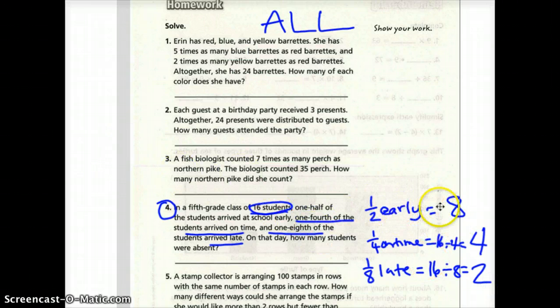So now I have to figure out how many students actually came that day? 8 plus 4 plus 2 adds up to 14. Okay, so how many students were not there that day? If 14 of them came and there is a total of 16, I know 16 minus 14 equals 2 students absent.